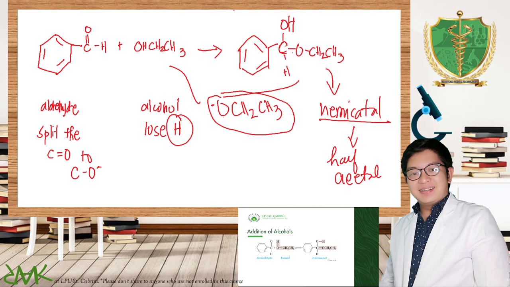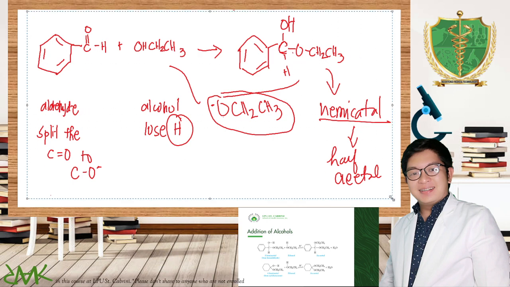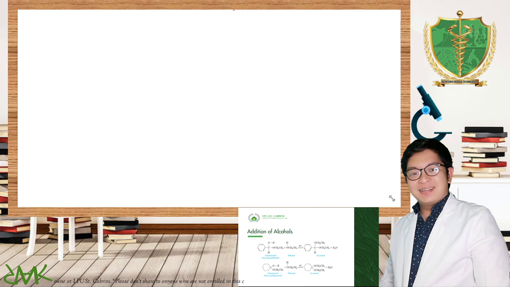Now, what if our hemiacetal reacts again with our alcohol? This is what happens. Please take note that the addition of our alcohol to the hemiacetal is a reversible reaction. Why is it a reversible reaction? Okay. We have our hemiacetal aldehyde.